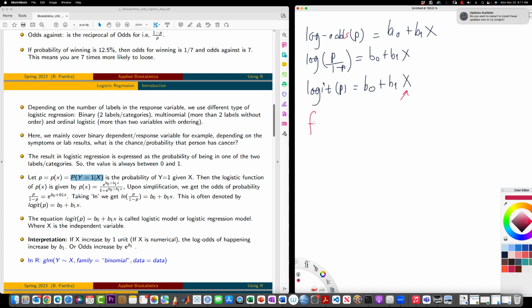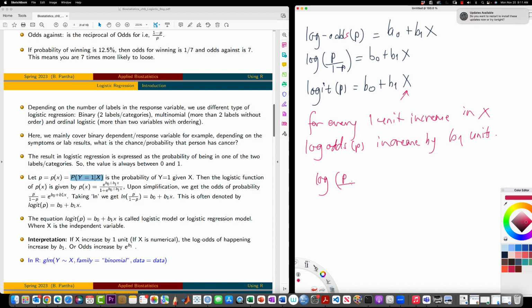That is, for every 1 unit increase in x, log odds of p increases by b1 units. That's how we interpret the result. What that means is log of p over 1 minus p increases by b1.